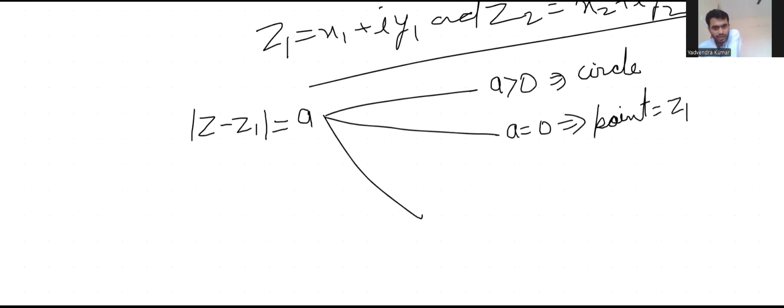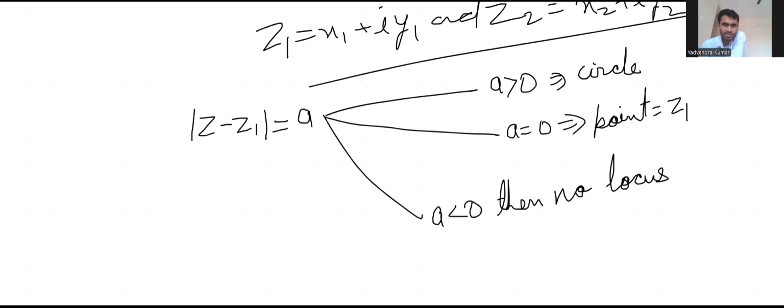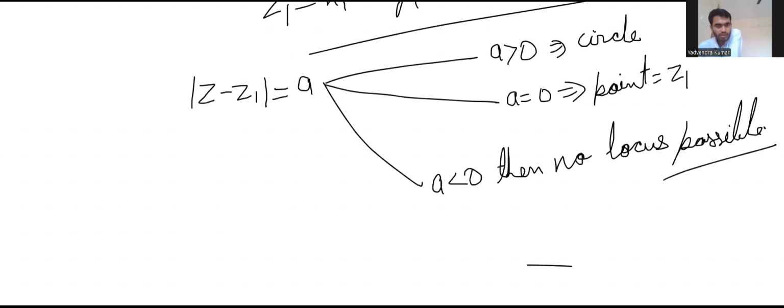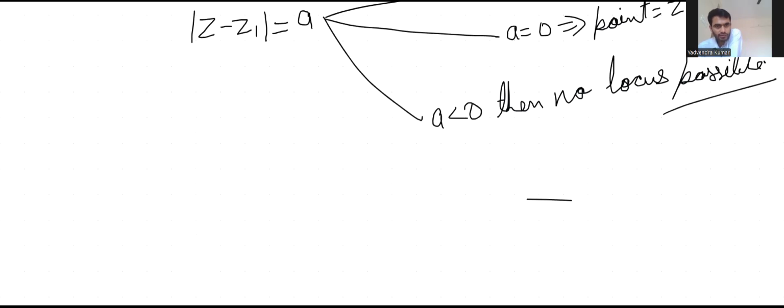And if A is negative, then no locus is possible. Sometimes people say imaginary circle. Nothing like imaginary circle. So this is the first thing, for circle.